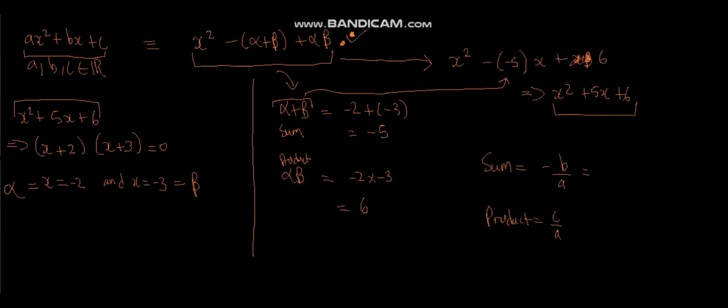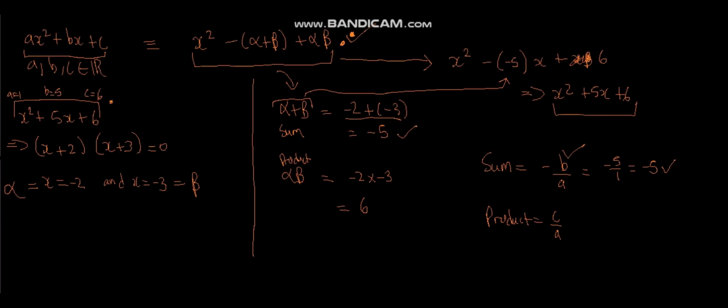Let's verify this. So using this here, a is 1, b is 5, c is 6. So minus 5 on 1 is minus 5, which checks out because we literally found the sum of the roots over here by doing this here. So this formula checks out.